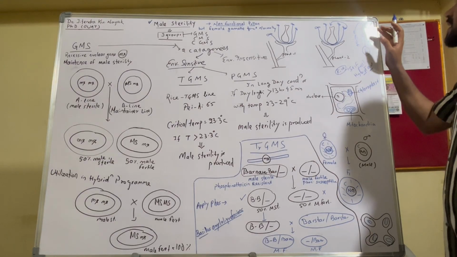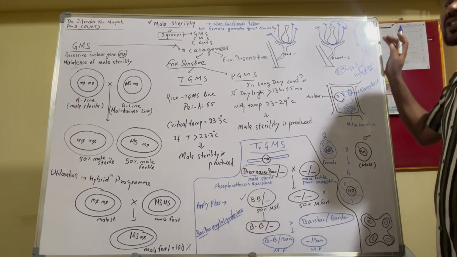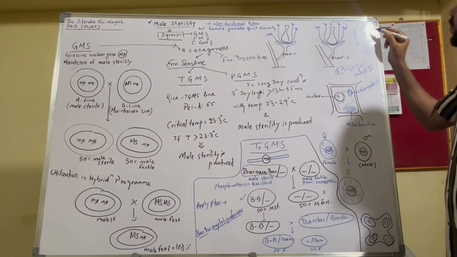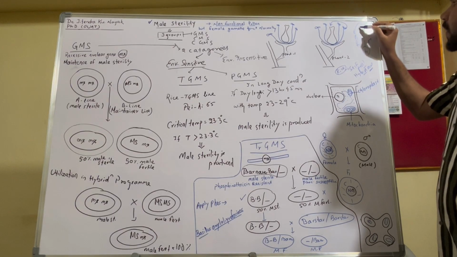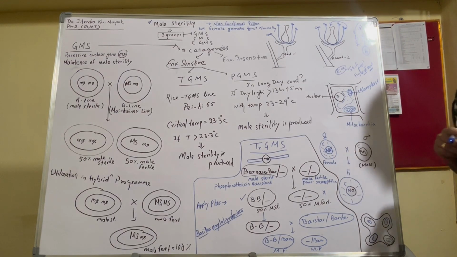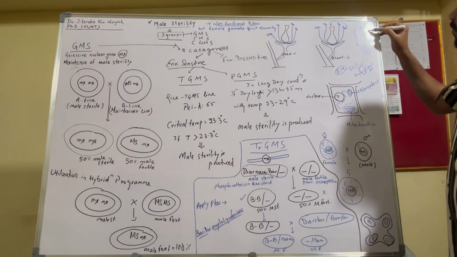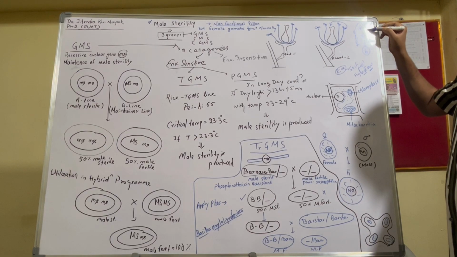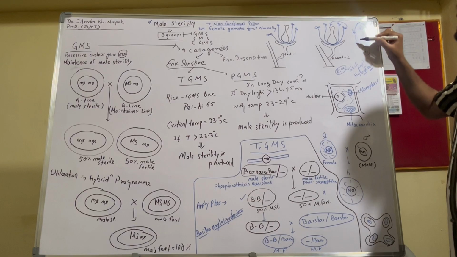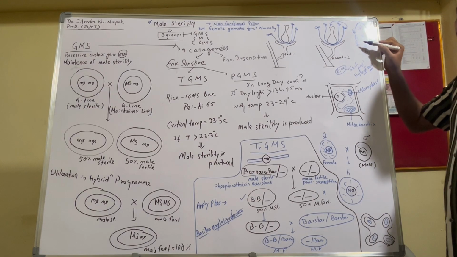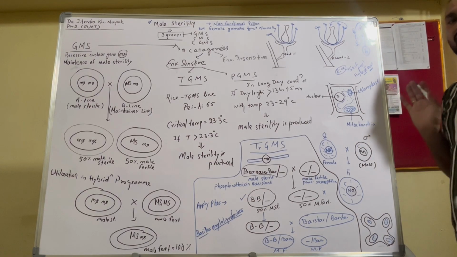So for hybrid seed production, we need cross pollination. Cross pollination means the pollen from one parent will fall over the stigma of the other parent, that is the female parent.